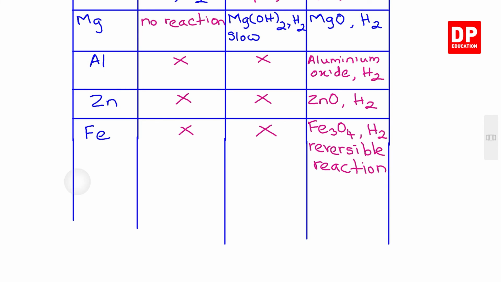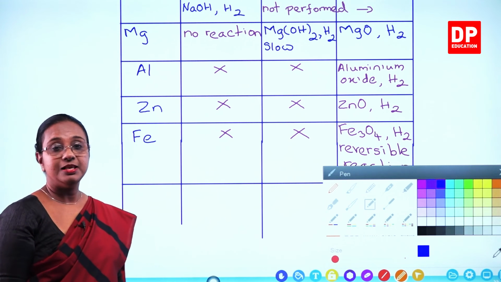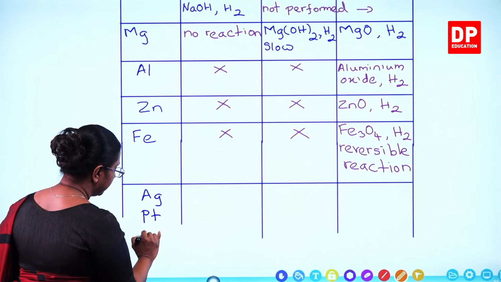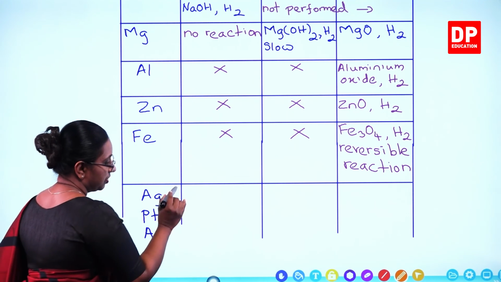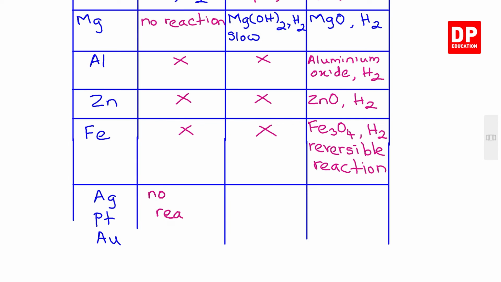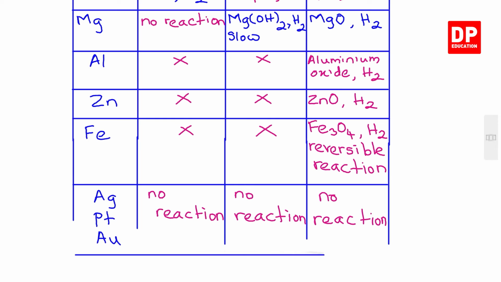So then, if we consider the other three elements, silver, platinum and gold, there you have to remember: no reaction, no reaction, and no reaction.